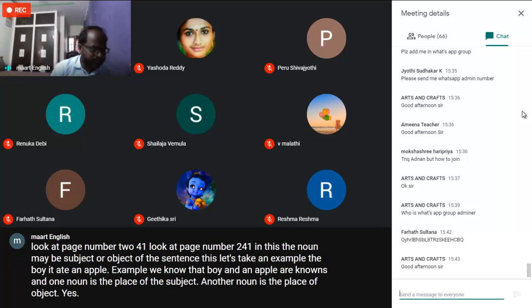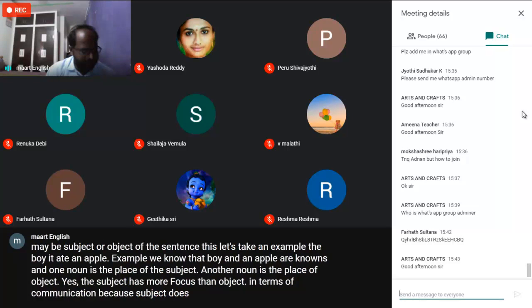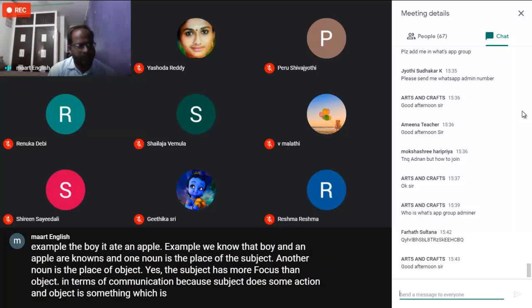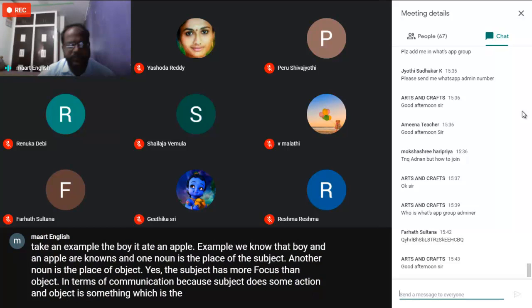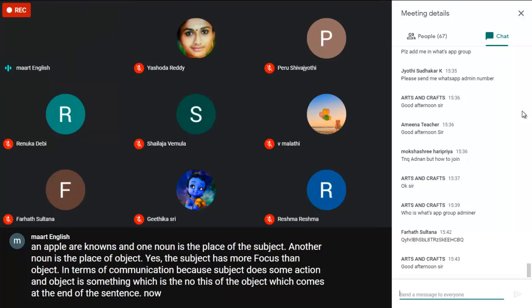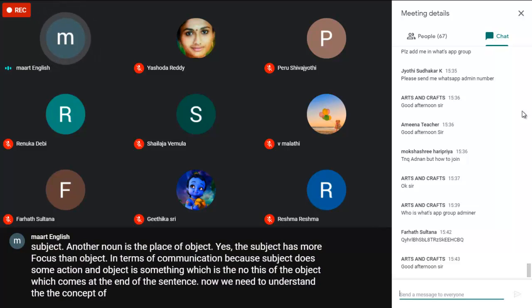The subject has more focus than the object in terms of communication, because subject does some action and object is something which comes at the end of the sentence. We need to understand the concept of this one.